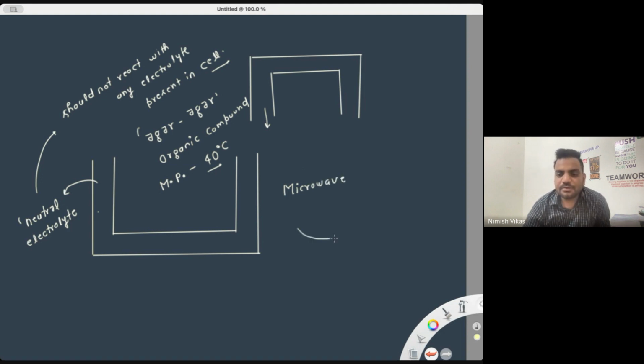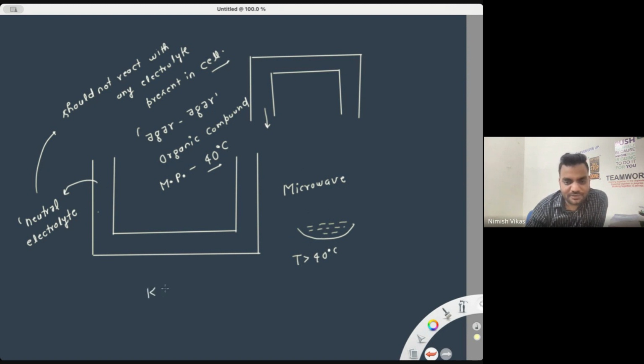So if the temperature will be more than 40 degrees Celsius, then agar will become liquid. And once agar becomes liquid, listen carefully. Once agar becomes liquid, you will mix it with our KCl solution.